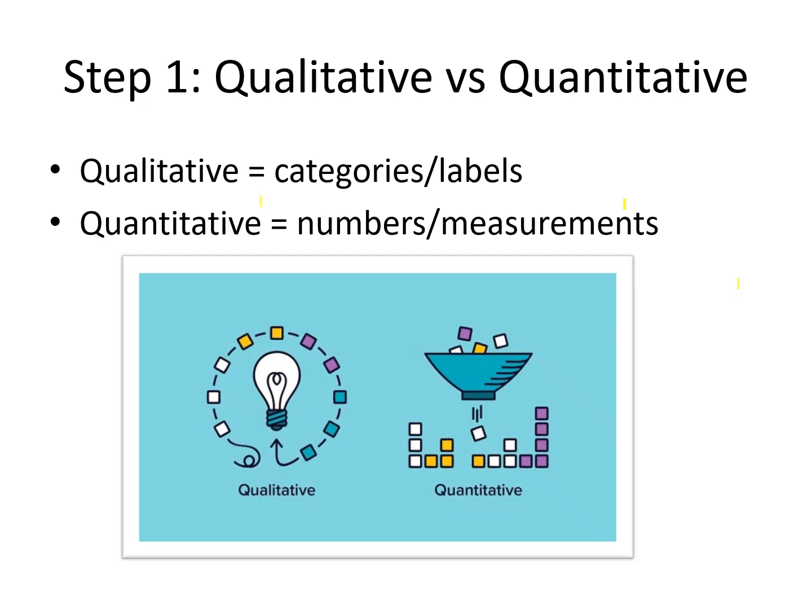Think of qualitative data as describing qualities or groups. Think of quantitative data as measuring or counting something. The first decision helps us to classify every variable correctly.